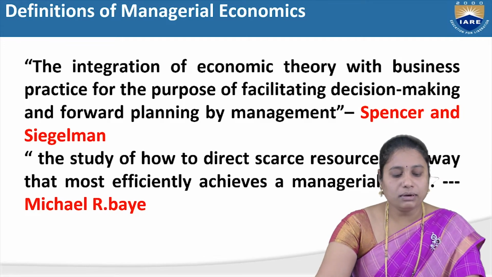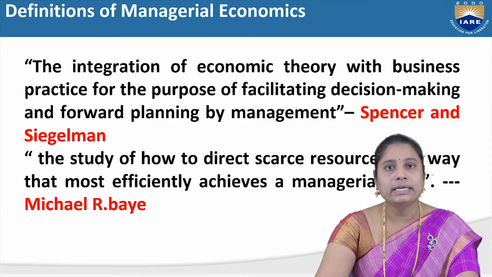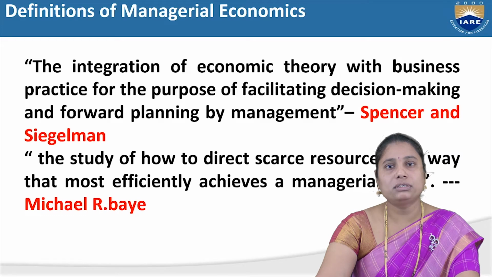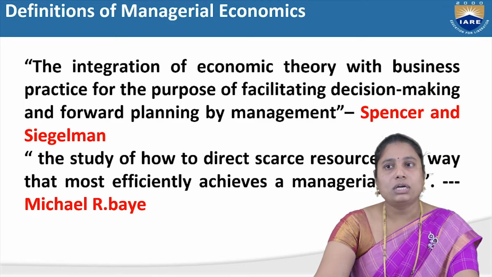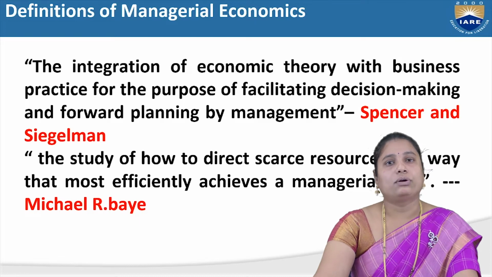As per Michael, it is the study of how to direct scarce resources in a way that most efficiently achieves a managerial goal. The management's goal is to get profits. So to achieve their goals, how efficiently they use the scarce, limited resources is the main point of economics.